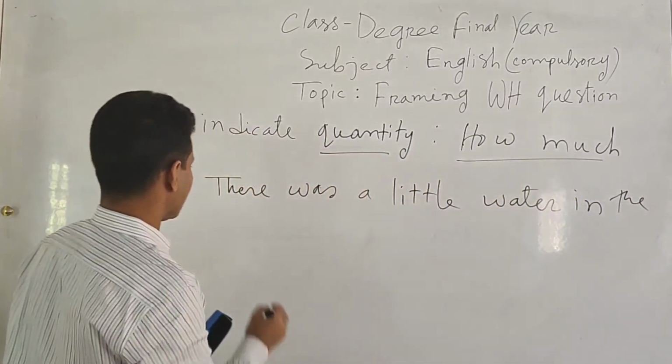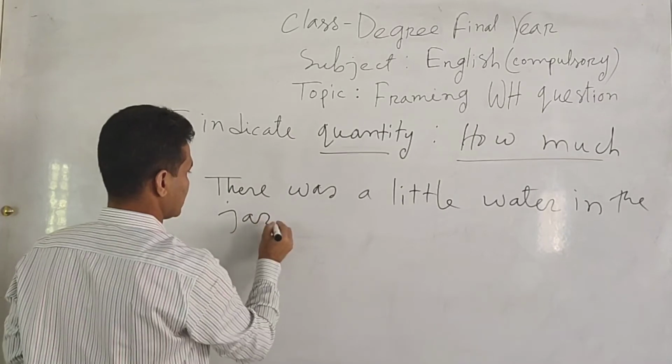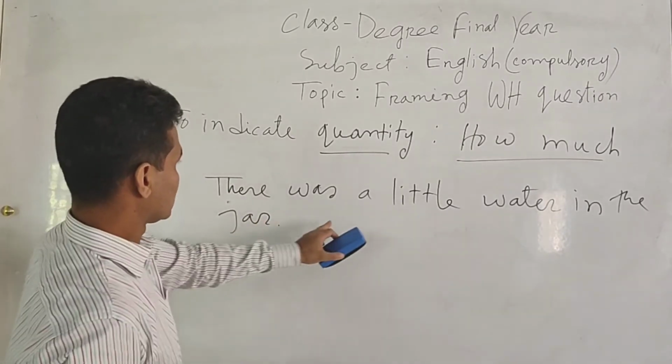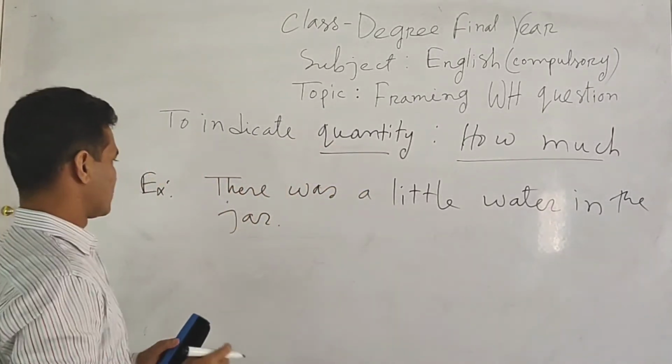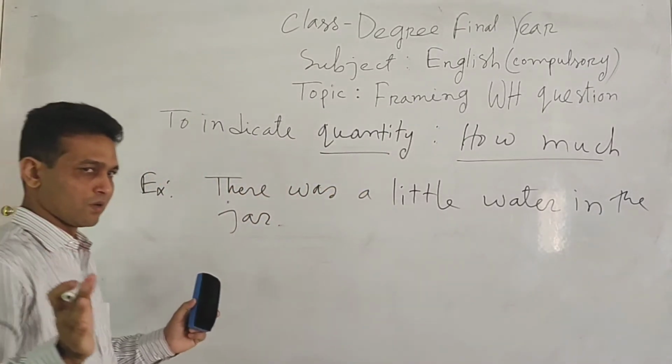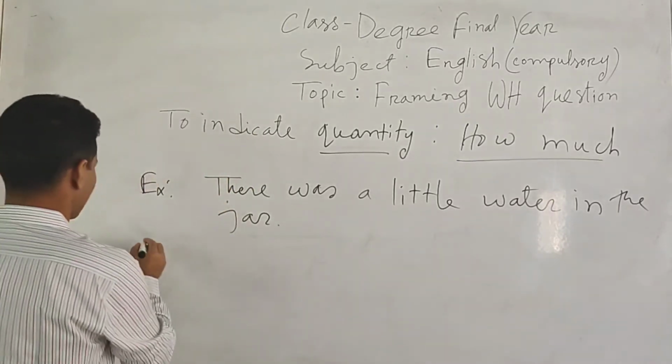There was a little water in the jar. Okay, here a little water means quantity of water. So in this case, you have to form a WH question with how much.